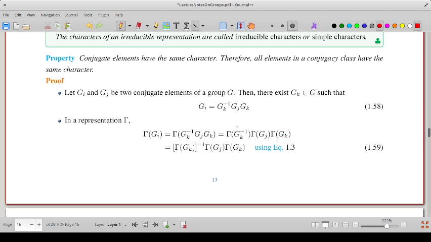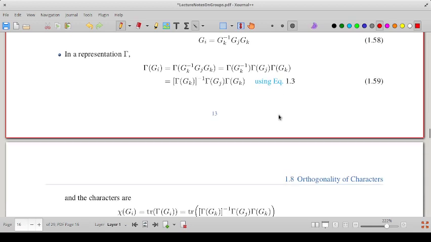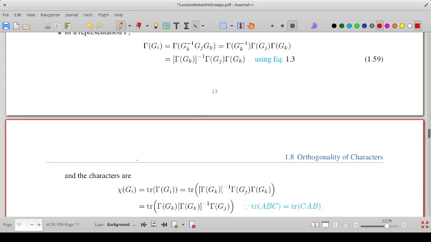Again, gamma is a representation, and therefore gamma Gk inverse will be equal to the inverse of gamma Gk. And that's what we have here. Now we need to find a relationship between the characters of Gi and Gj in this representation. So if we compute the trace of gamma Gi, we will get the character of Gi.